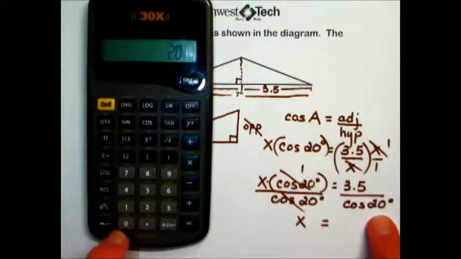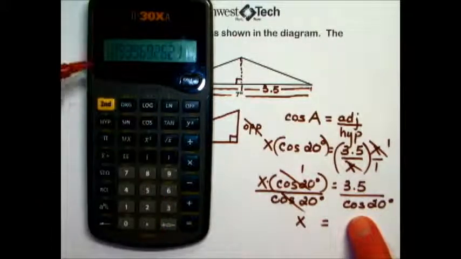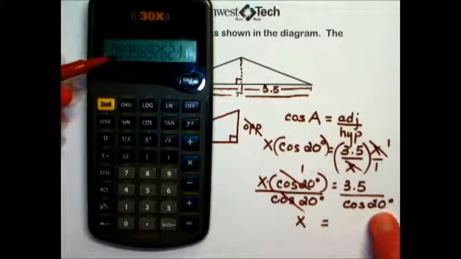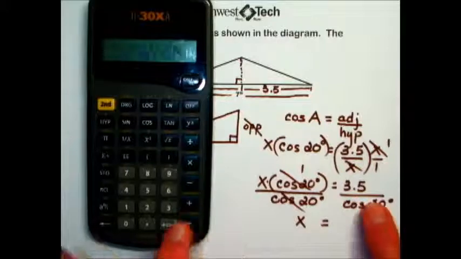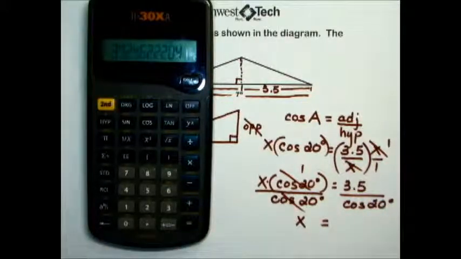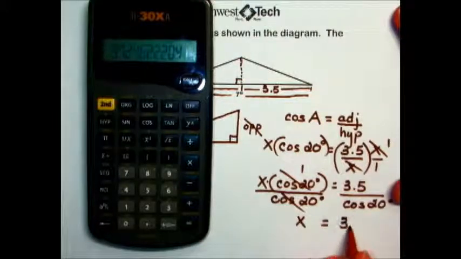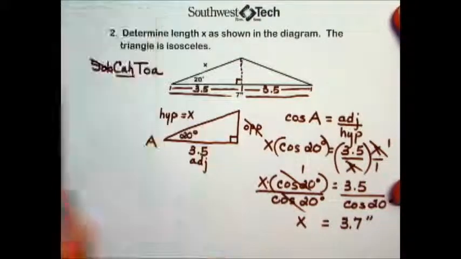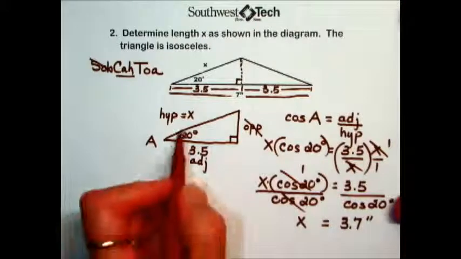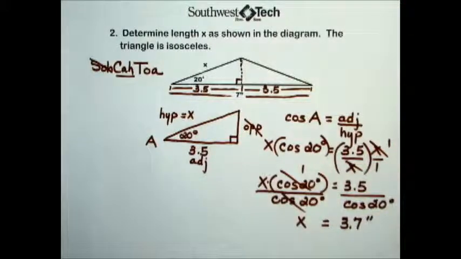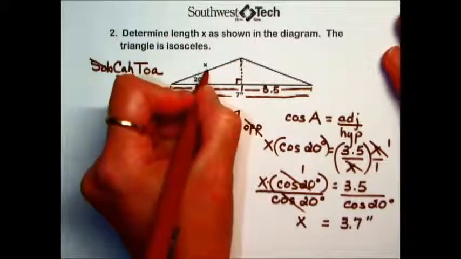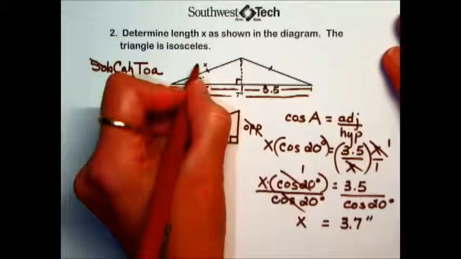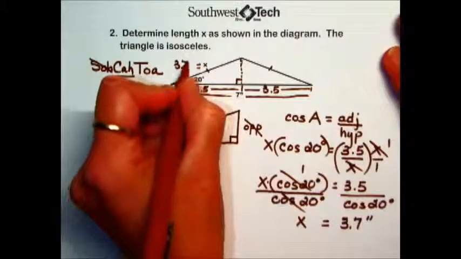What we see right now is not the length of x. We're seeing the ratio for the cosine of 20 degrees. We have to finish the division problem with an equal so that that is completed, leaving us with a length of 3.7 inches for the hypotenuse in this right triangle, and translates into this side of this isosceles triangle has a length of 3.7 inches.